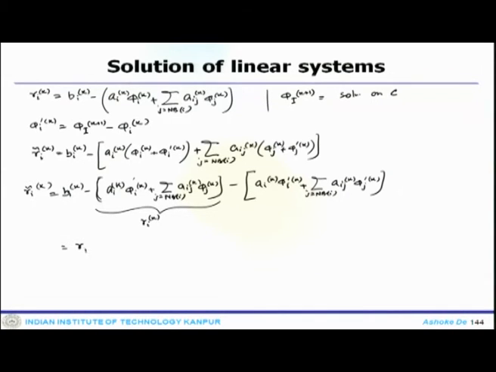One can write this as R_I^k minus A_I^k phi_I prime^k plus the summation over j in NBI of A_Ij^k phi_j prime^k. This is how one gets the residual.